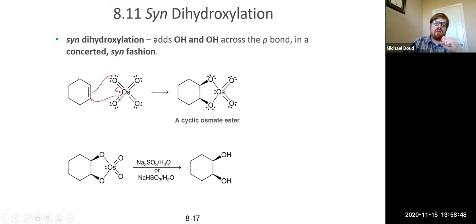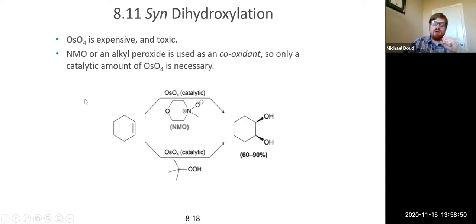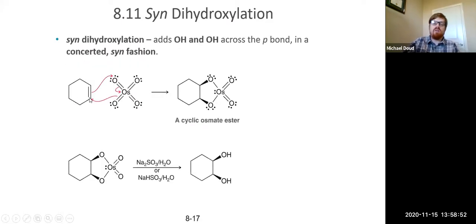At the same time, this other osmium-oxygen bond is going to do a nucleophilic attack on the other carbon, forming what's called a cyclic osmate ester. Now these all have to be on the same side. They have to attack either from the top altogether or from the bottom altogether, because look, they're forming a cyclic product. So it just doesn't fit if you were to try to do it on opposite sides. So this is what's called the cyclic osmate ester.